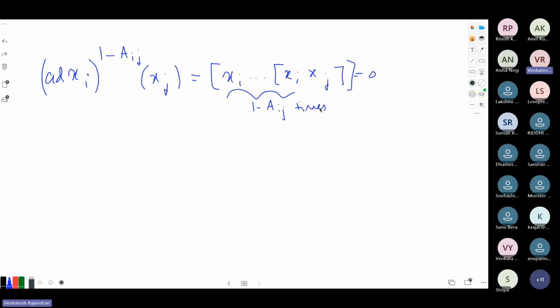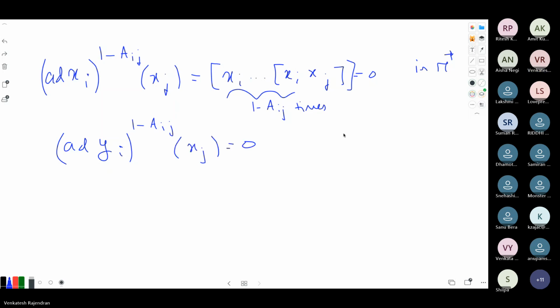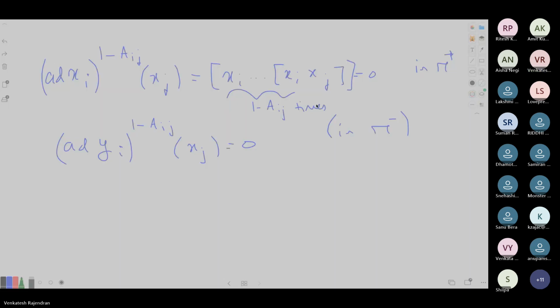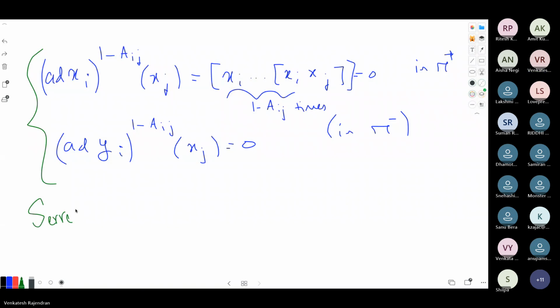Similarly, this is happening inside n plus, and you have a similar relation in n minus. These two are called the Serre relations.